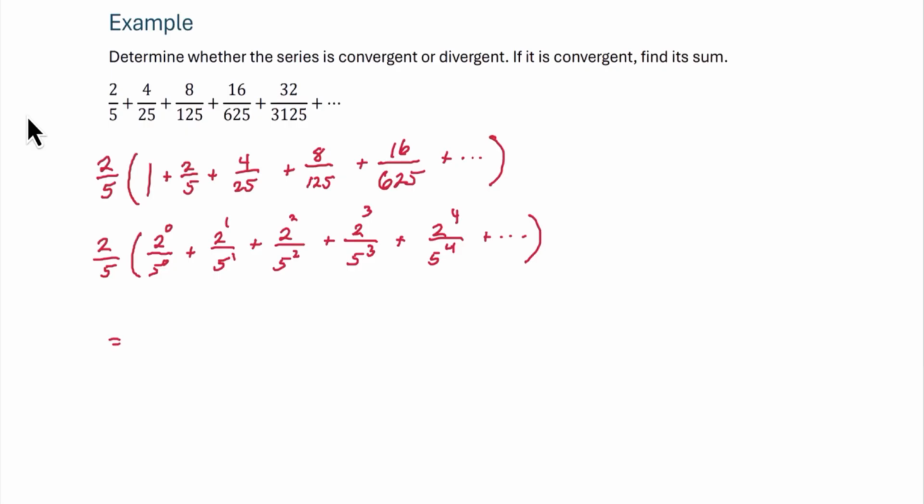So it looks like we have a geometric series. We have the sum, n equals 1 to infinity. 2/5 is our a value. Looks like 2/5 is also the r value.